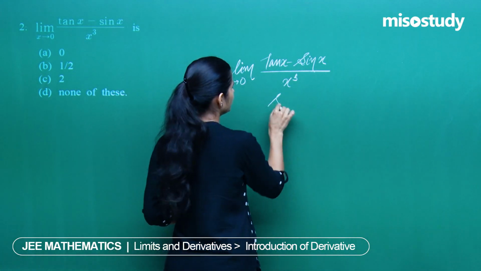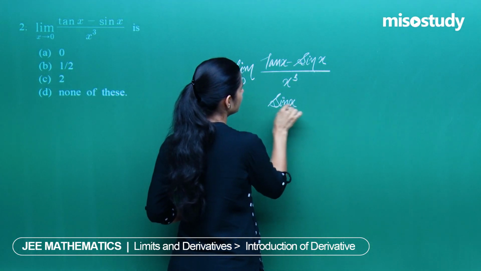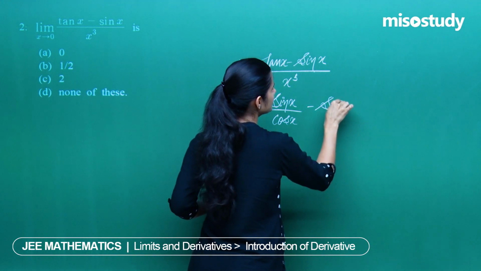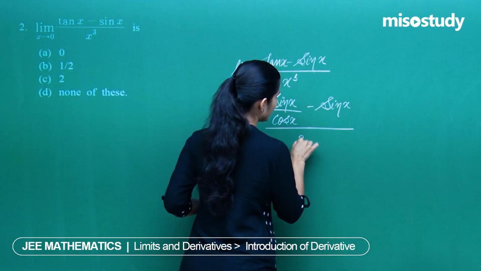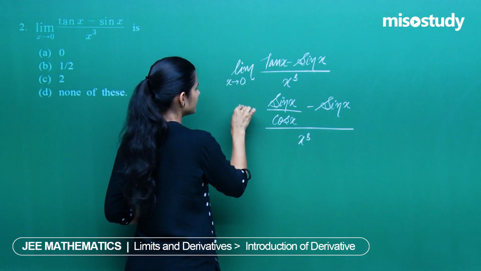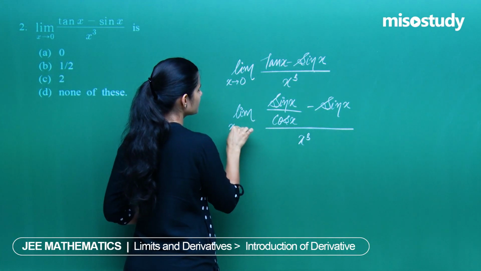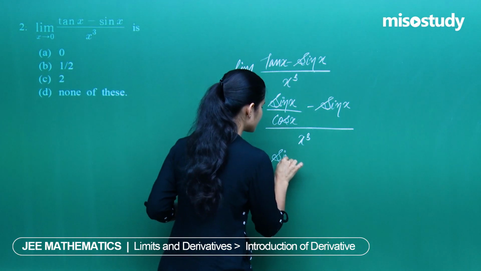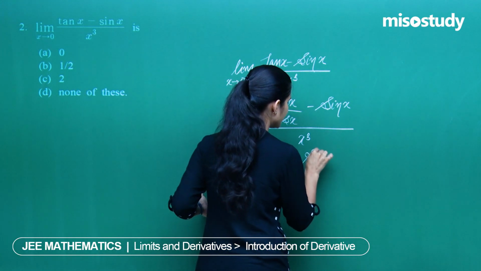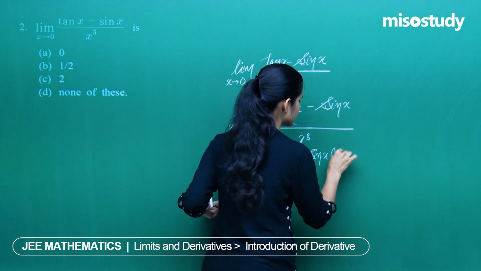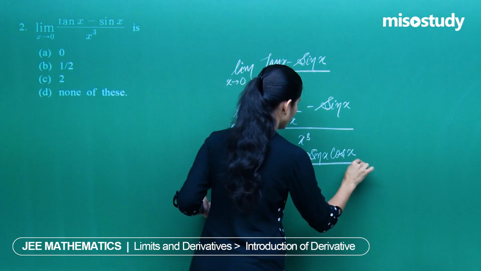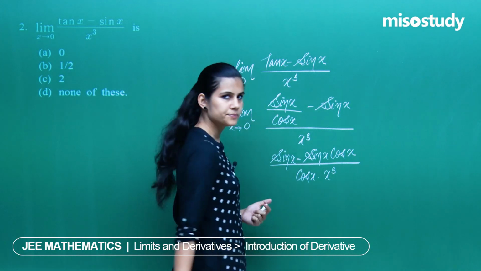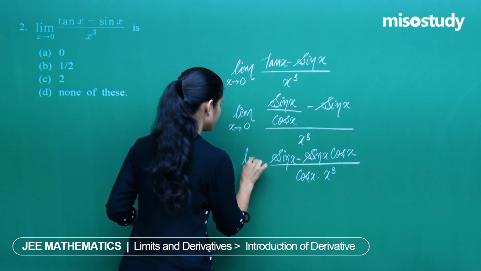So this becomes limit x tends to 0 of (sin x upon cos x minus sin x) whole upon x cube. I am just dissolving everything in terms of sin and cos. So, this lands you to the step (sin x minus sin x cos x) whole upon cos x into x cube. Fine.